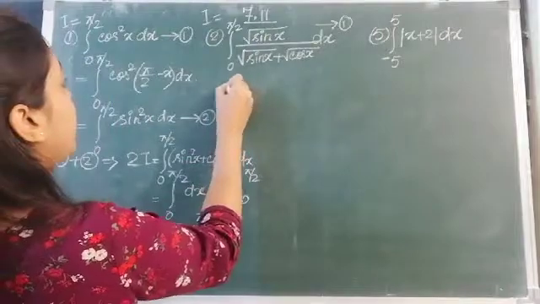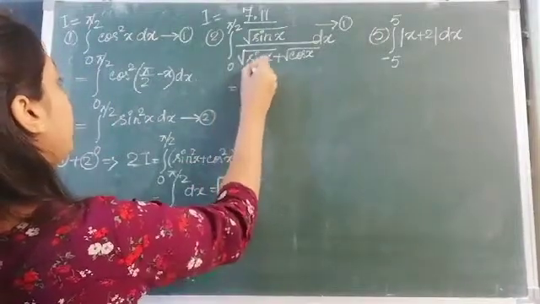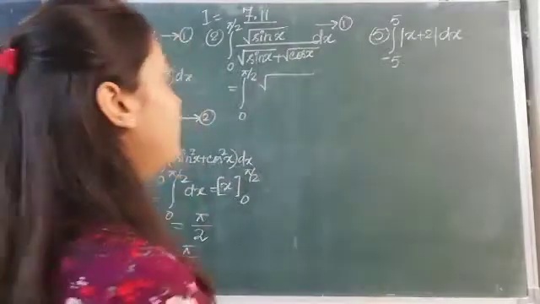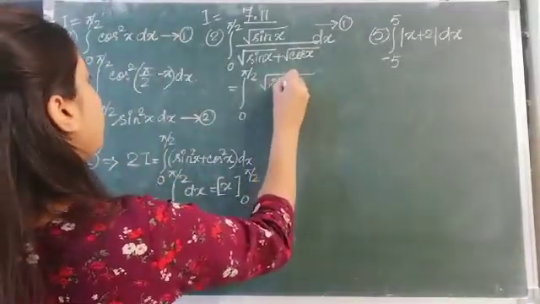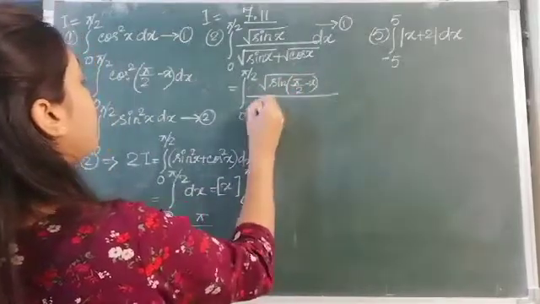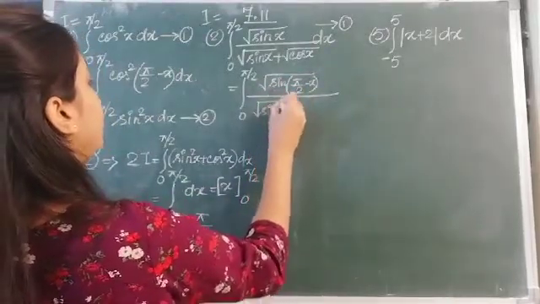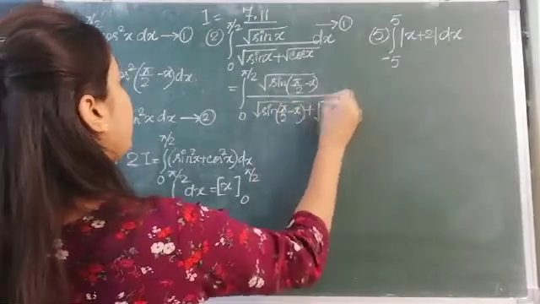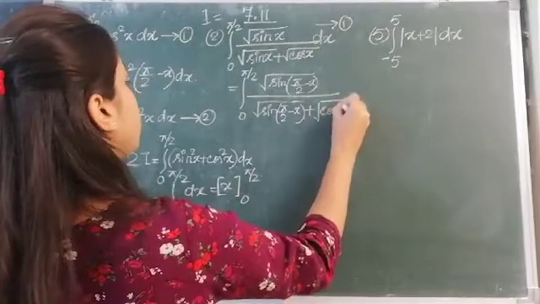Now applying the property, you will get the integral of 0 to pi by 2 of root over sin of pi by 2 minus x, divided by root over sin of pi by 2 minus x plus root over cos of pi by 2 minus x.